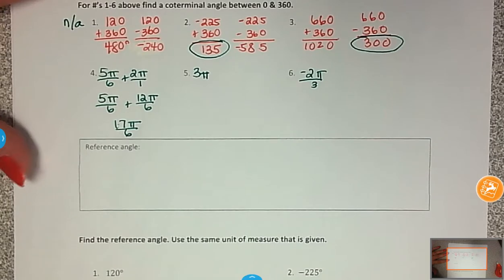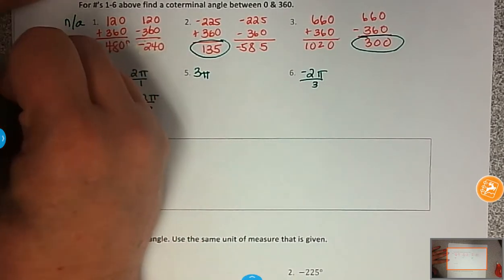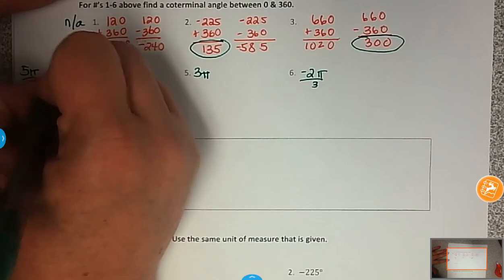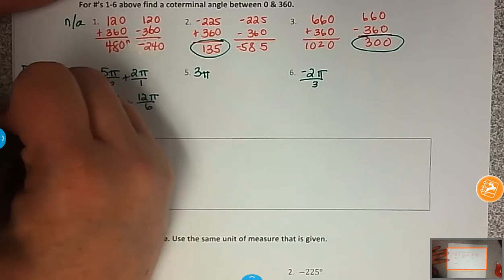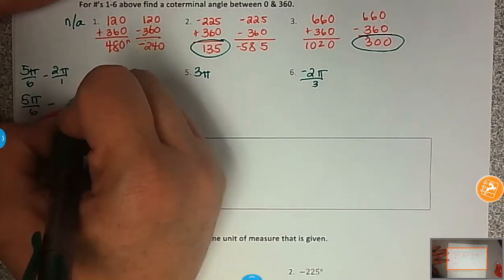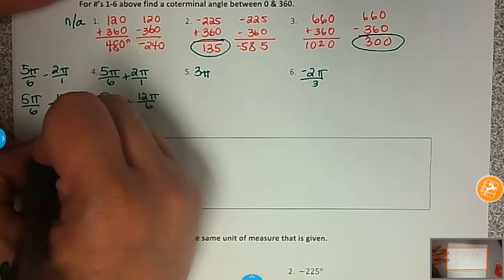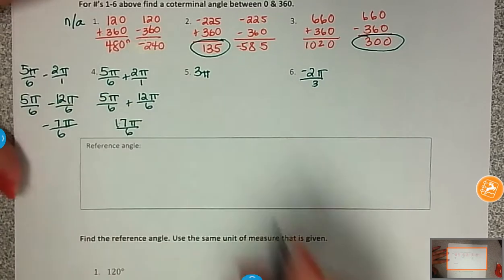Now, my other option is to take the 5 pi over 6 and subtract 2 pi. Well, we already know what my common denominator is. I'm basically just going to subtract 12 pi over 6, and I get a negative 7 pi over 6.